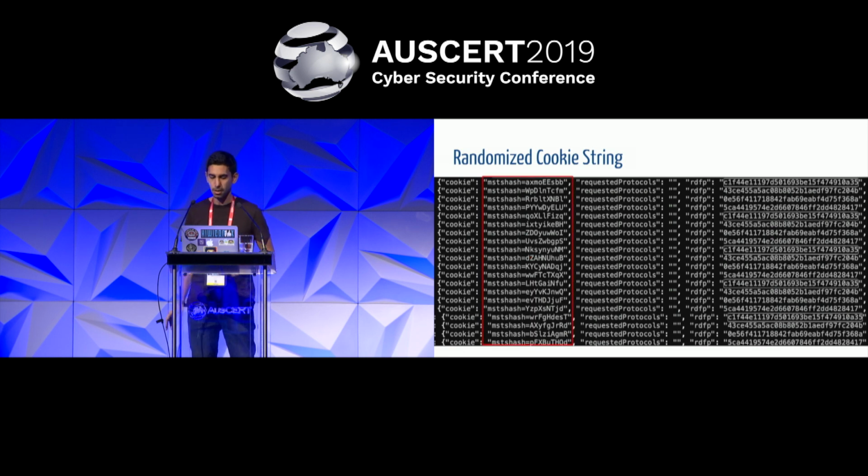Let's have a look at some observations on RDP. In RDP, I've started seeing these connections which show some randomized cookie string. Another interesting thing here is the requested protocols is empty, which isn't a normal thing.